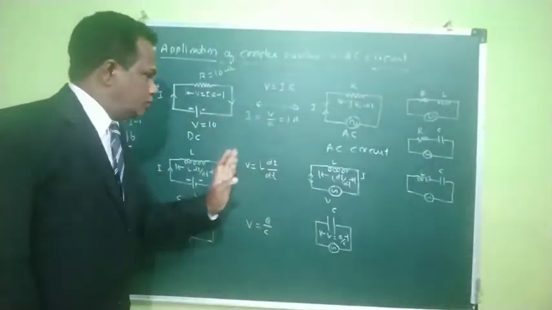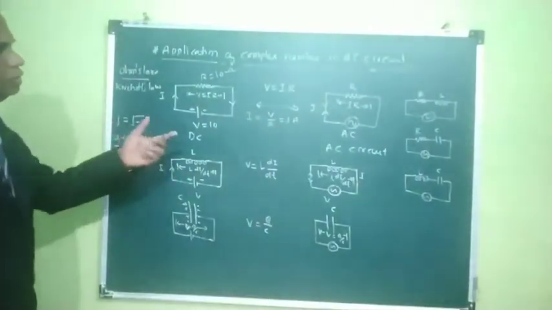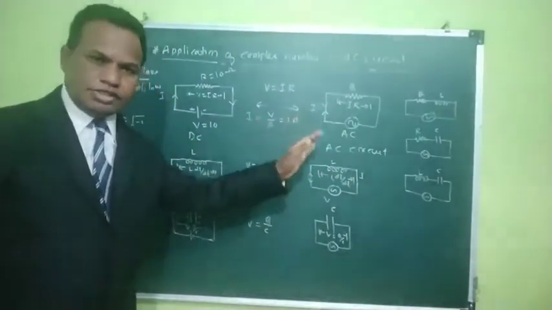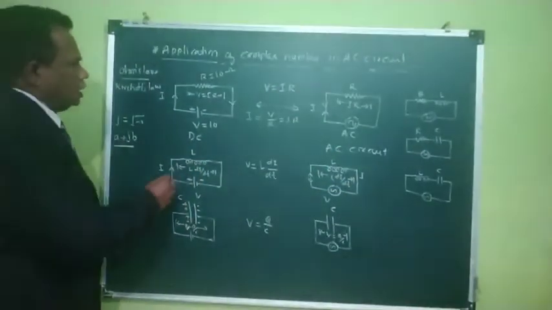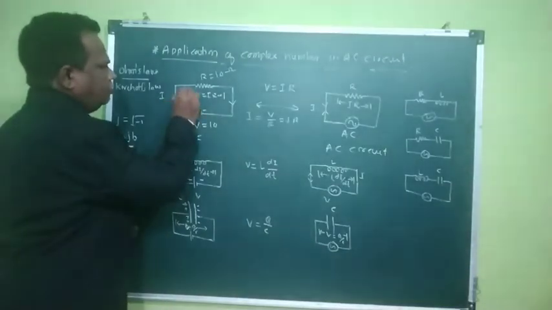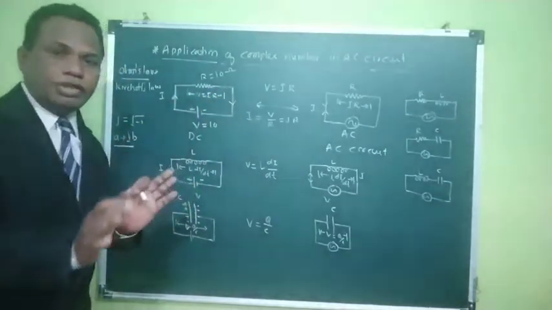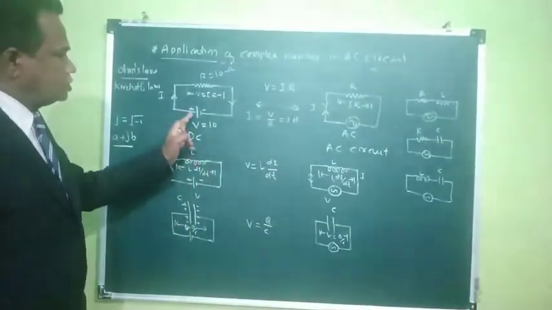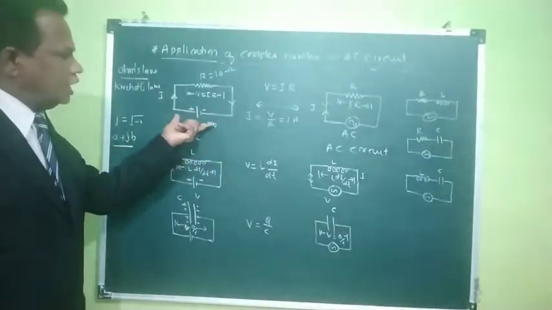Now we apply the complex value to the AC circuit. Why? Because in the DC case the current and voltage do not differ with respect to the frequency of the signal. There is no frequency, there is direct current.